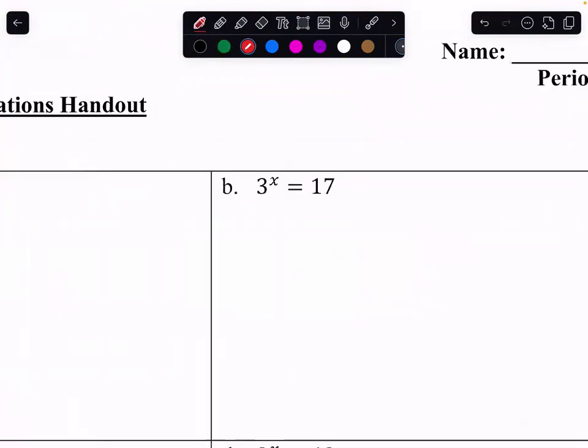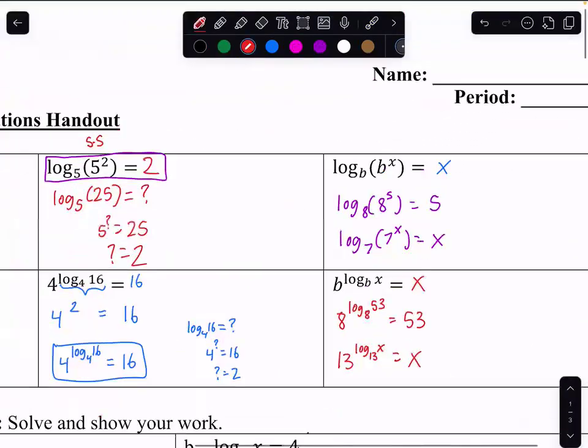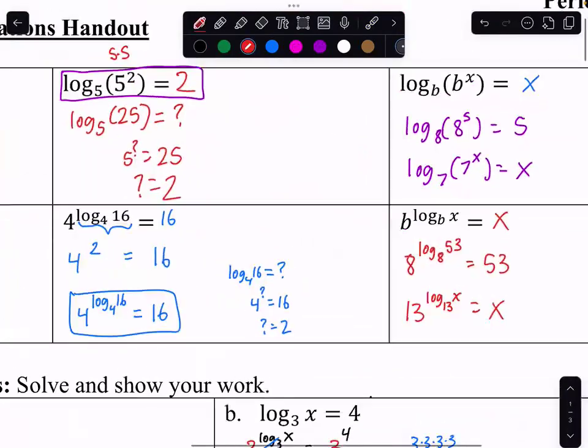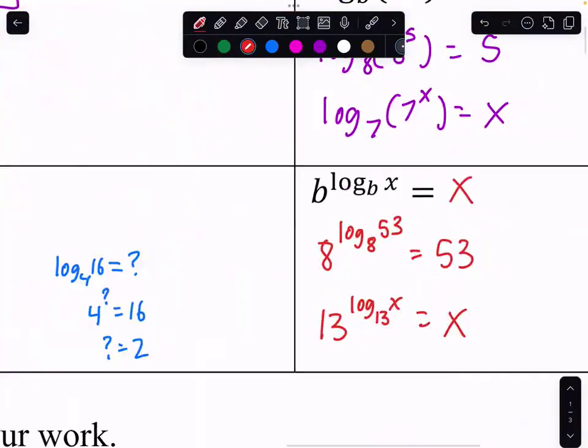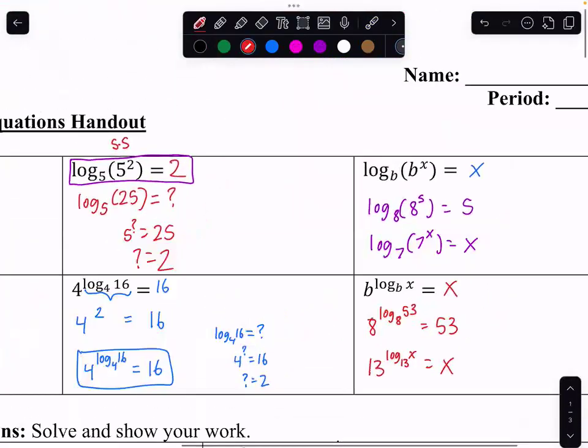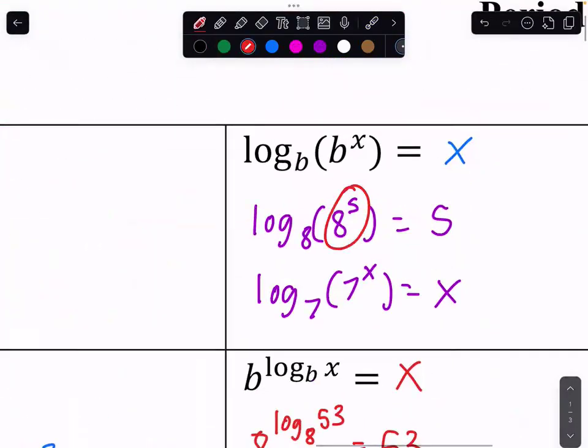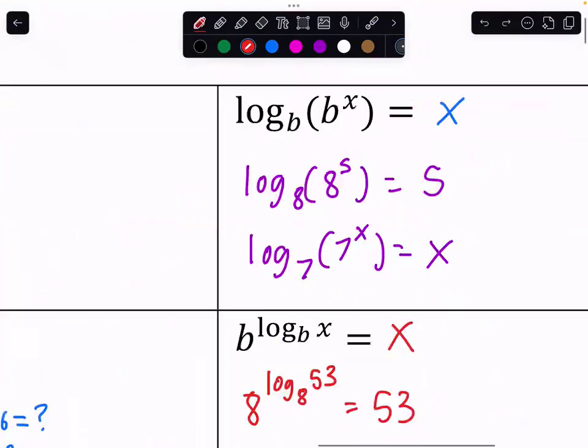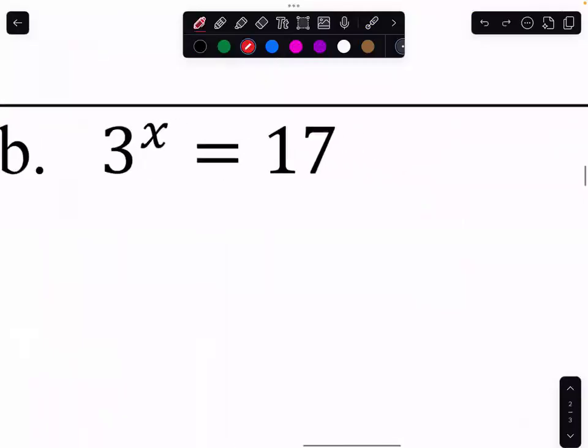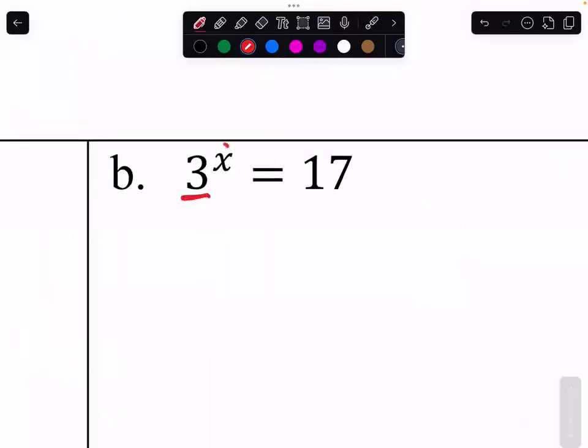Okay, so back on the front page, we learned that to cancel out an exponential term, we do a log of both sides. So that's what our strategy is going to be over here. We want to get the x by itself, so we need to cancel out this 3.